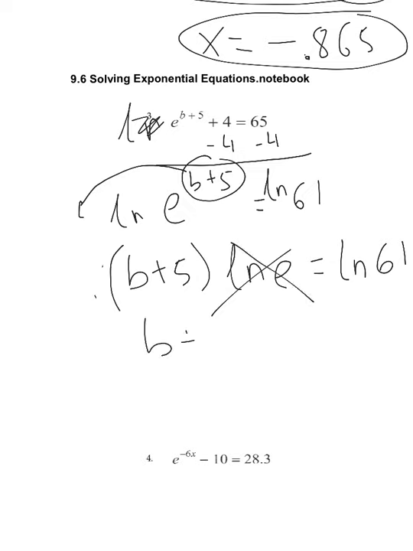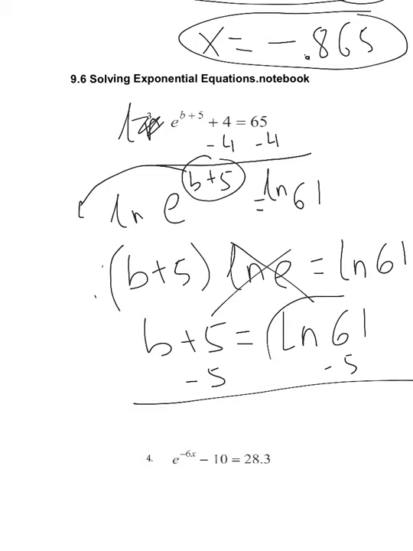So you get b plus 5 is equal to ln 61, minus 5 on both sides. If you put this in your calculator, b is equal to ln 61, close parentheses, minus 5. I got b is equal to negative 0.889.